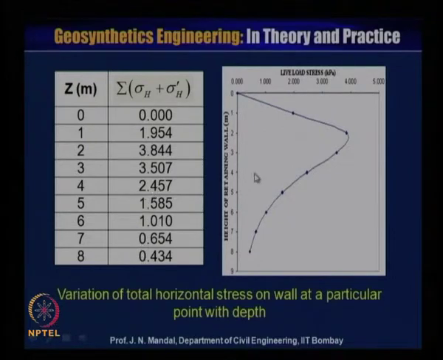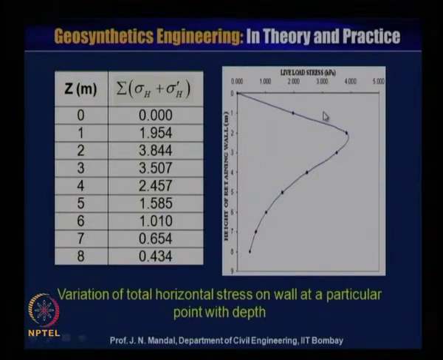Now on the right hand side, we can plot a relationship between the stress and the depth. So this is the depth and this is the lateral stress. You can substitute the different values of z and the corresponding stress.